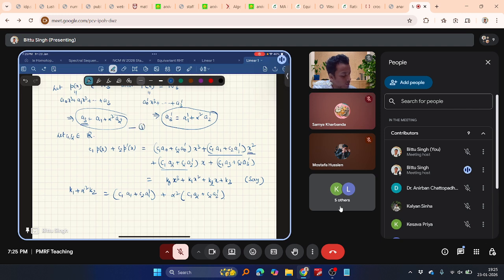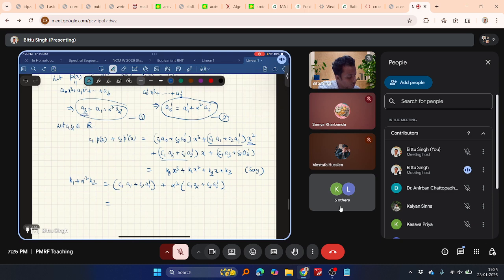Let me denote these by equation 1 and equation 2. Then we can simply take c1 times (a1 plus alpha square a2), plus c2 times (a1 dash plus alpha square a2 dash).